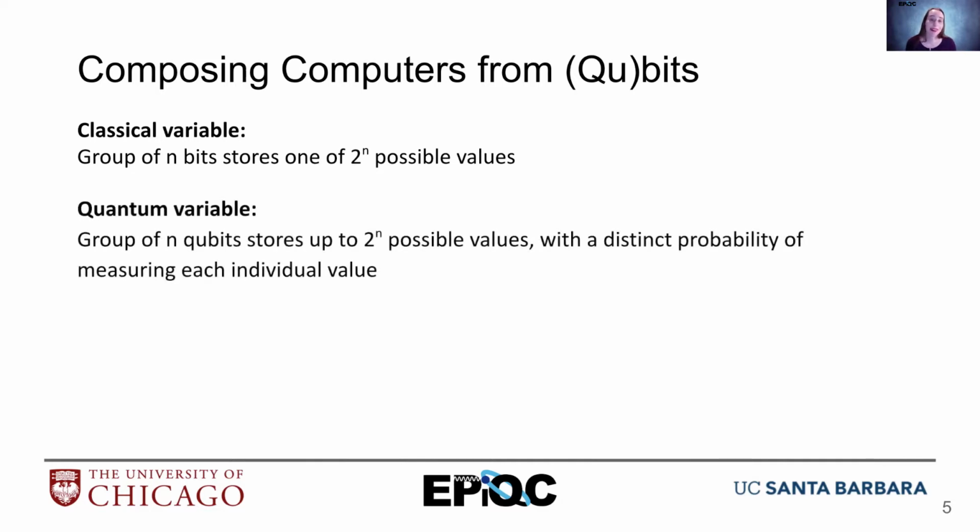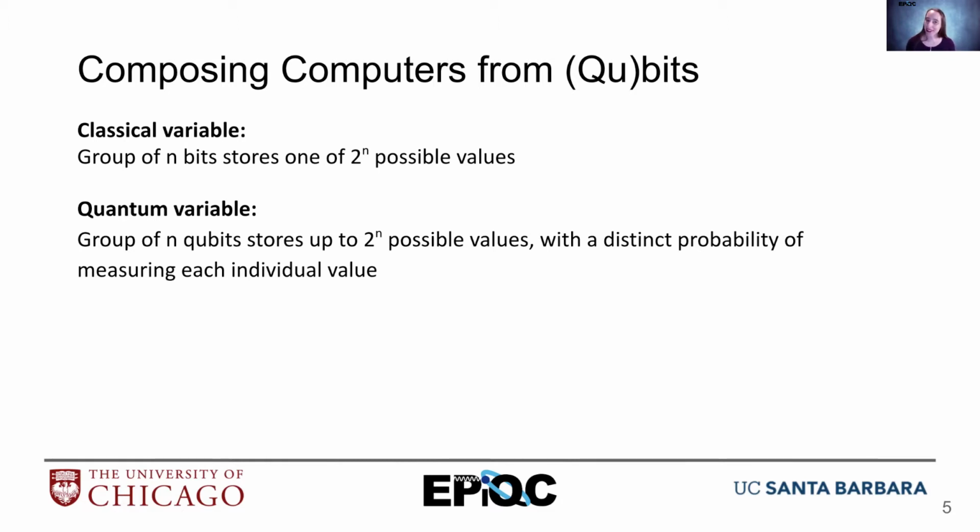Likewise, quantum variables group up these qubits, because if you can only store a 0 or a 1, that's not very useful in computing. So quantum computers also group qubits to work cooperatively. Instead of storing a single value of 0 to 2 to the n minus 1, it can actually store any number of those 2 to the n possible values.